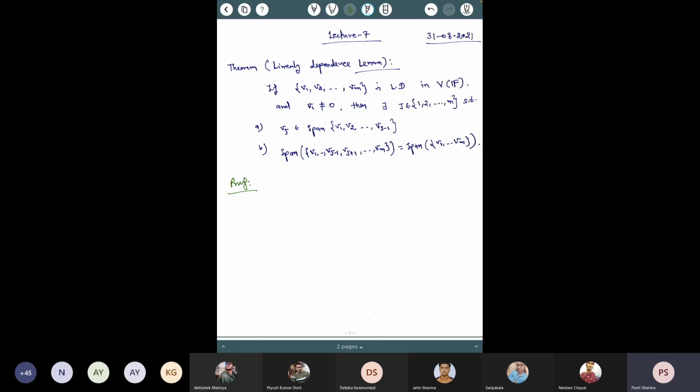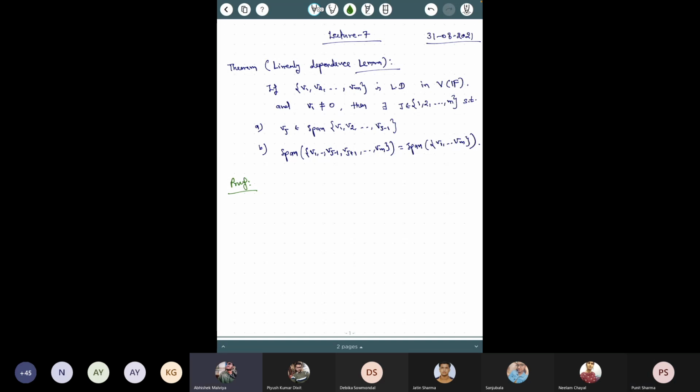This is the information we have. You have to show the existence of this index j such that this happens. Then we take an arbitrary element other than v1. Okay.